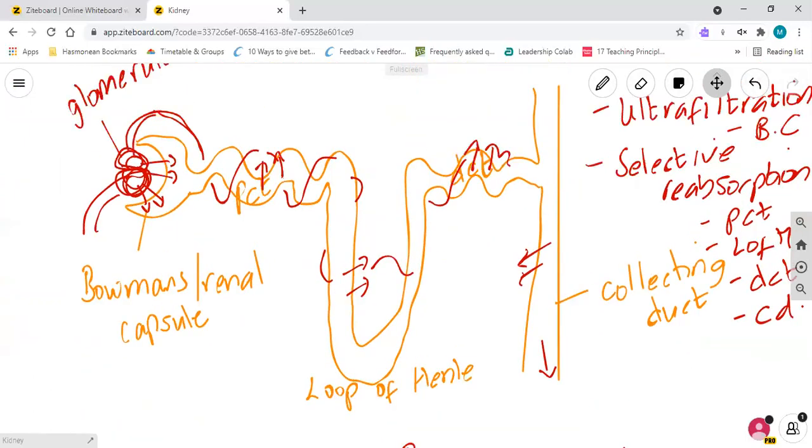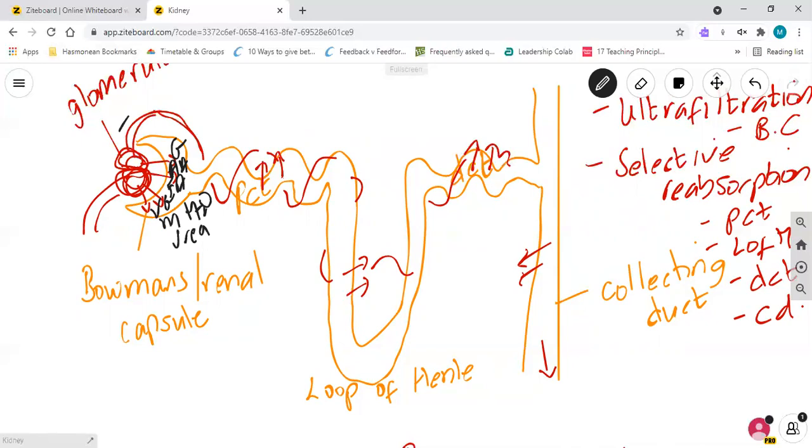So if we go back to our nephron, we've done the filtration process. We now have in here glucose, amino acids, fatty acids, glycerol, vitamins, minerals, water, urea, you name it, we have it, with the exception of red blood cells, white blood cells, platelets, and hormones, which have been left behind. We now need to reabsorb all of the substances that we need.